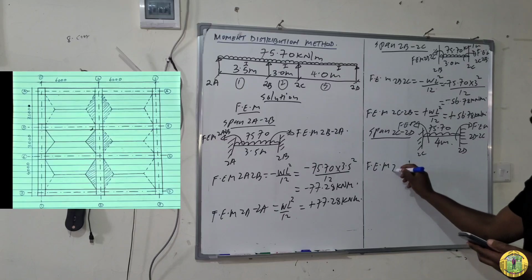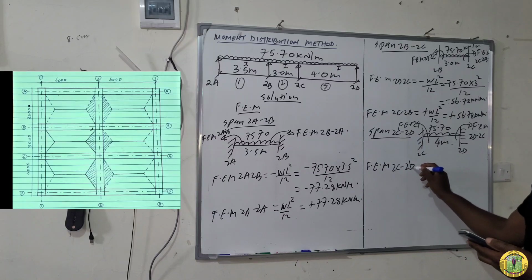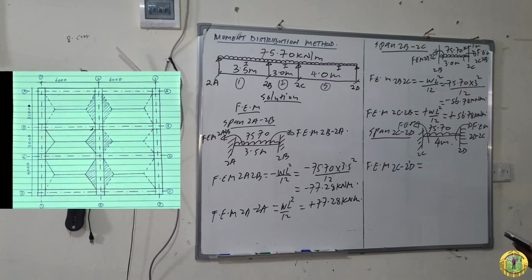We begin with fixed end moment 2C, 2D. Because it is in the anti-clockwise direction, the formula will be minus WL square all over 12. So this is negative 75.70 times 4 square all over 12. Let's carry out the operation.